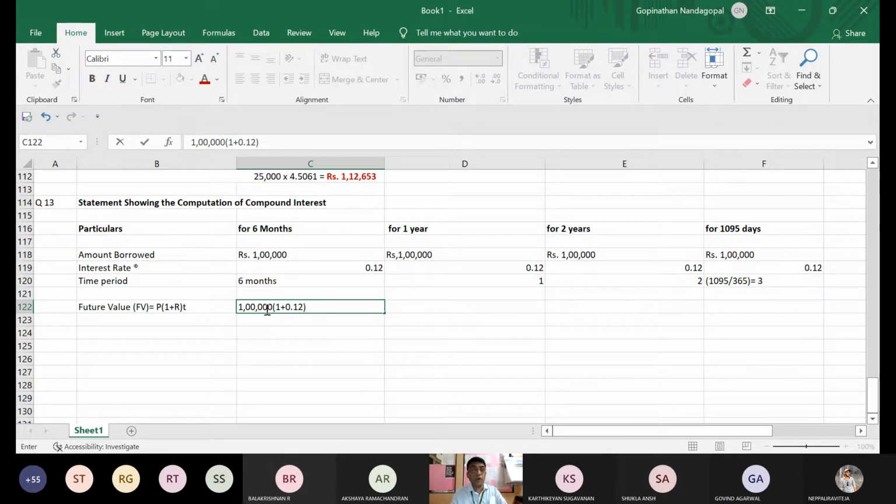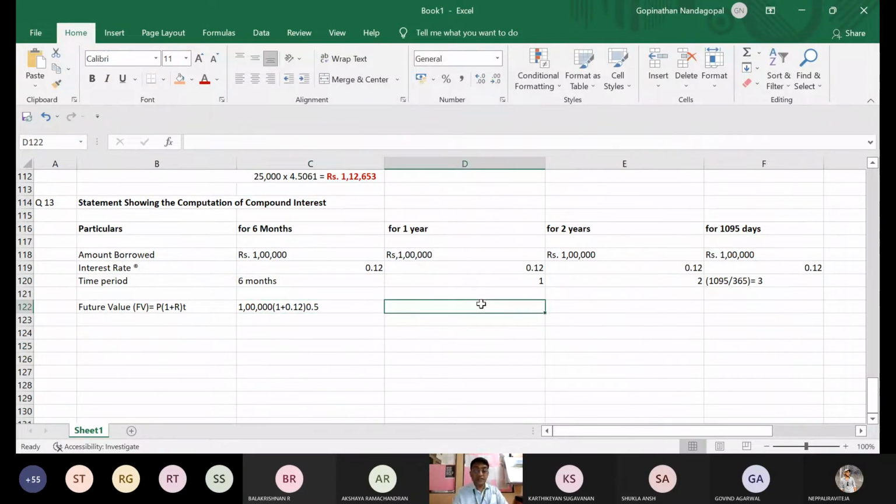Can we take 0.5, 6 months? Yes, sir. Both are same. Okay, you take this 0.5. Tell me how much do you get this?